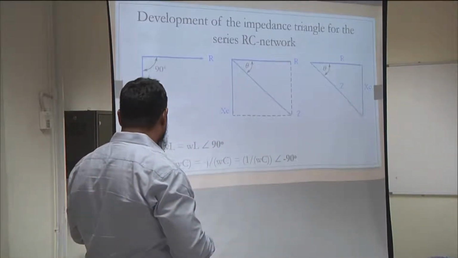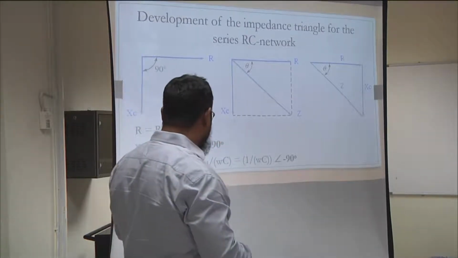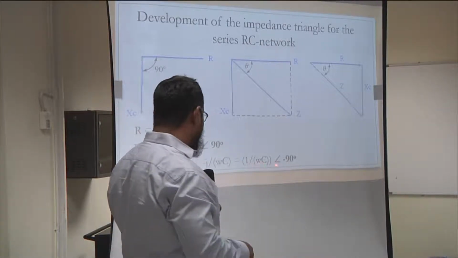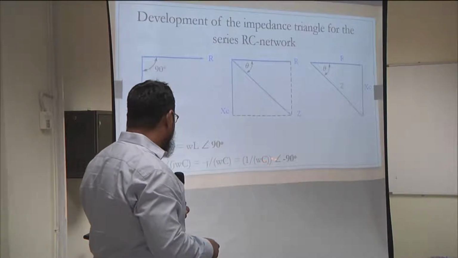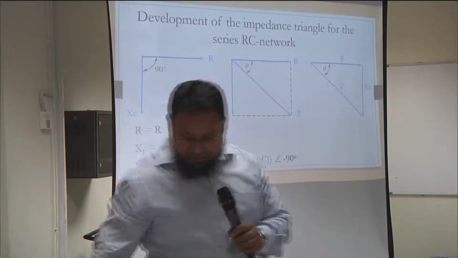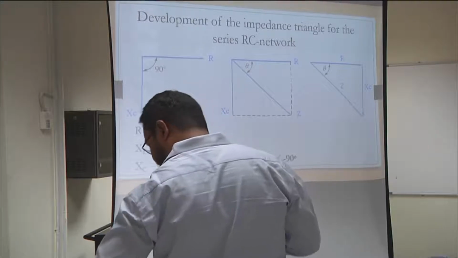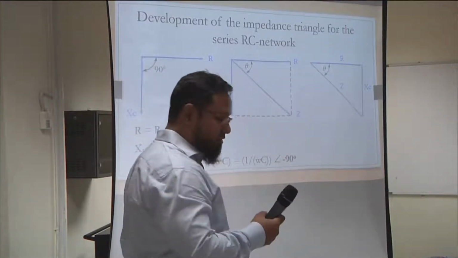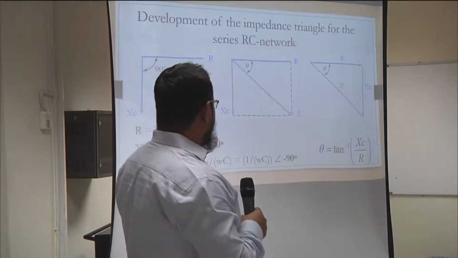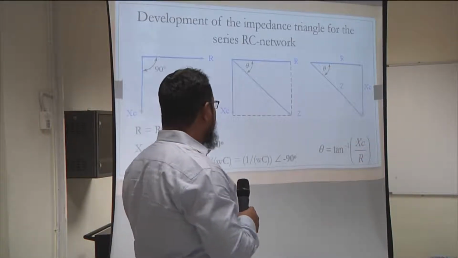And here is the reactance because of an inductance, and here is the reactance because of a capacitor. We already know these things. For a capacitor, the reactance has a negative 90 degrees, and for an inductor, it has positive 90 degrees. Of course, theta is equal to tan inverse of XC divided by R.